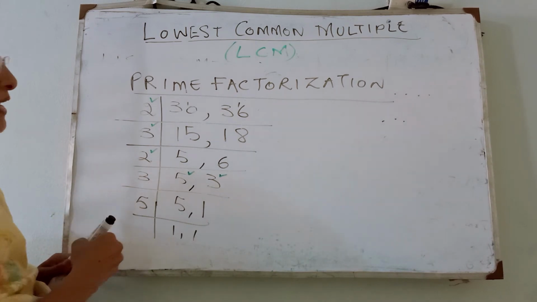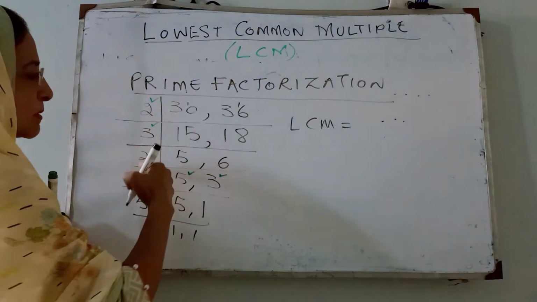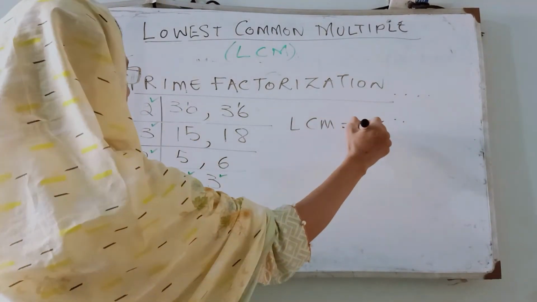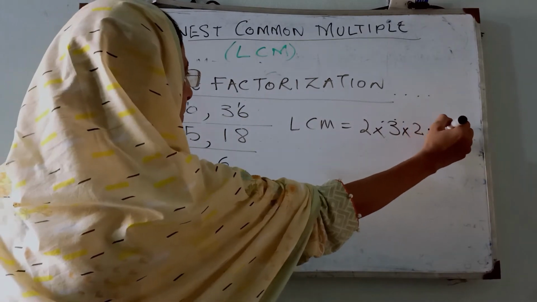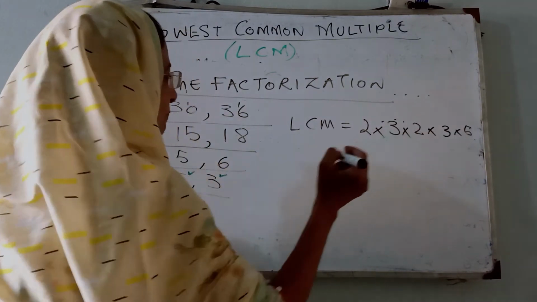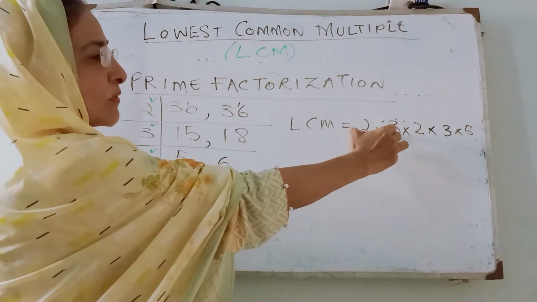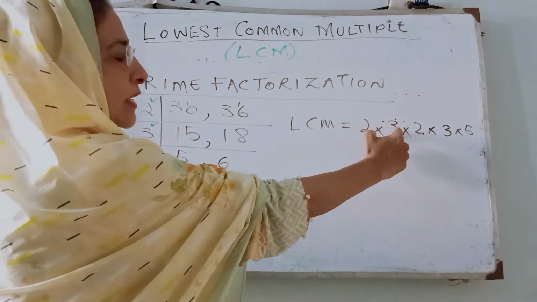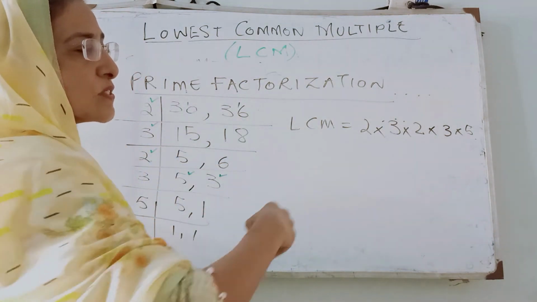So my LCM in this case will be all the factors multiplied: 2 multiplied by 3 multiplied by 2 multiplied by 3 multiplied by 5. I have heard from my students that we cannot write a bigger number before a smaller number. It is not a hard and fast rule.